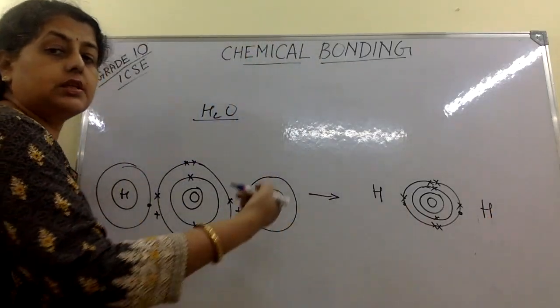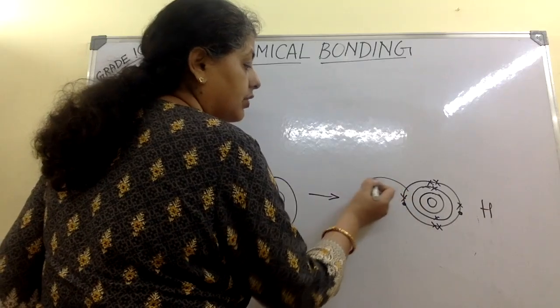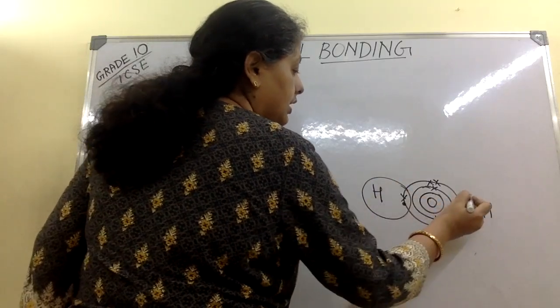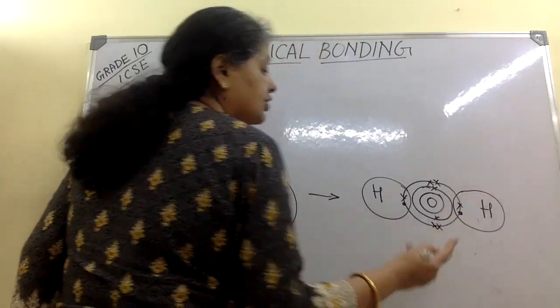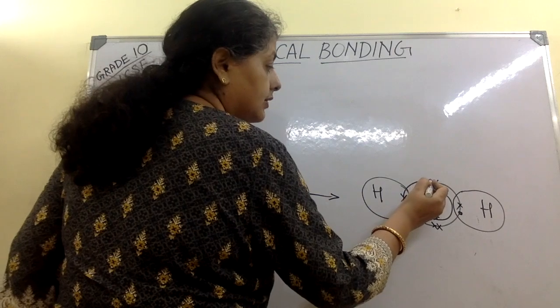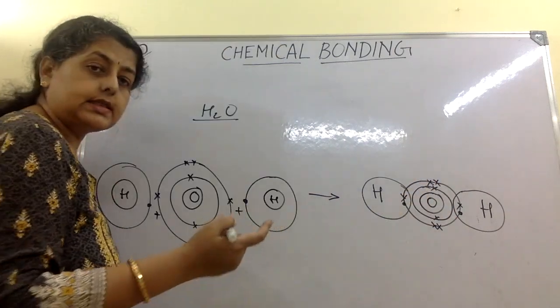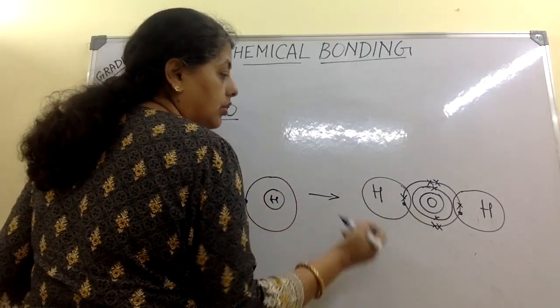Hydrogen wanted to complete its duplet, so it shared 1 electron in a single covalent bond with oxygen. It is sharing 1 of its electron just to get 2 because it wants 2 in the outermost orbit. And here oxygen is having 6 in the outermost orbit.